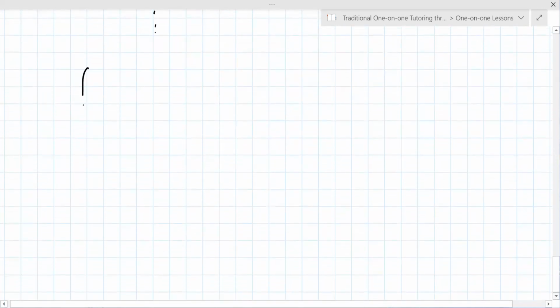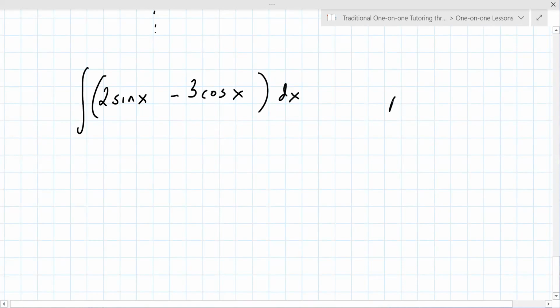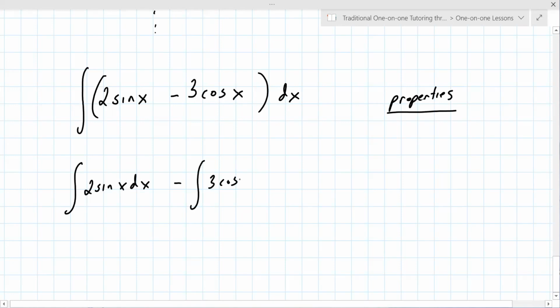What is the integral of 2 sine x minus 3 cosine x dx? In addition to the integrals, there are properties. One of the properties says that you can break this apart: integral 2 sine x dx minus integral 3 cosine x dx.